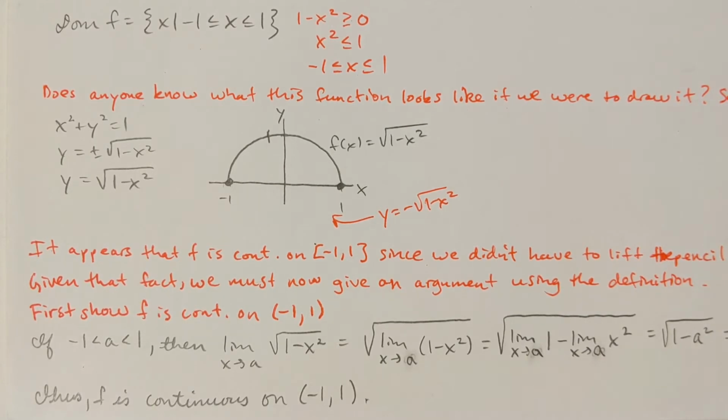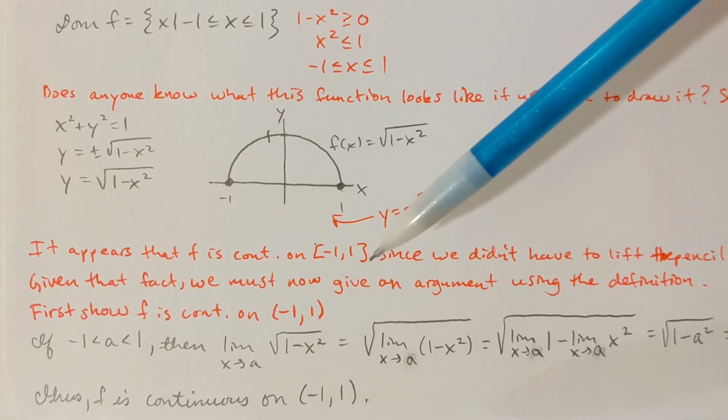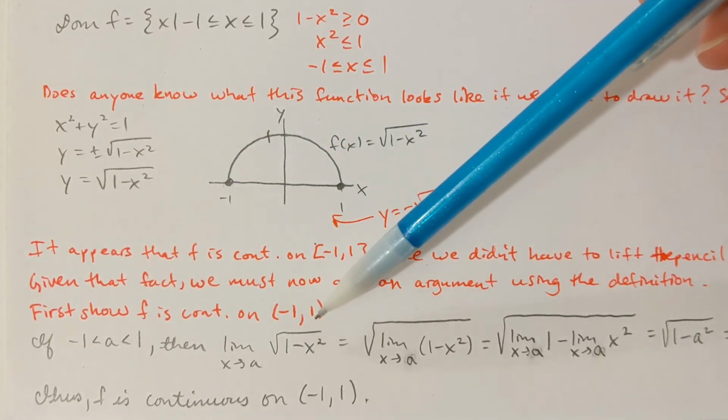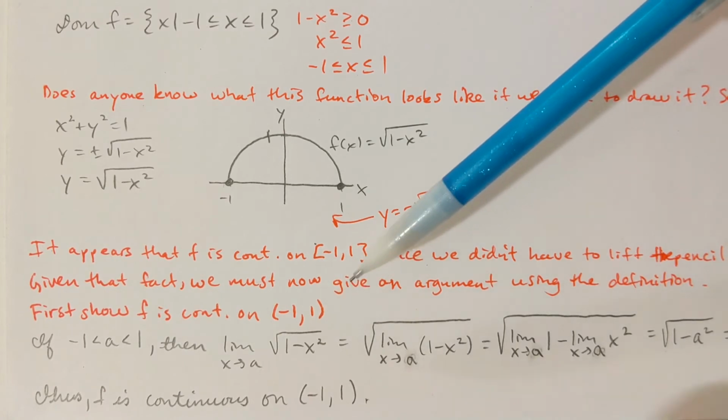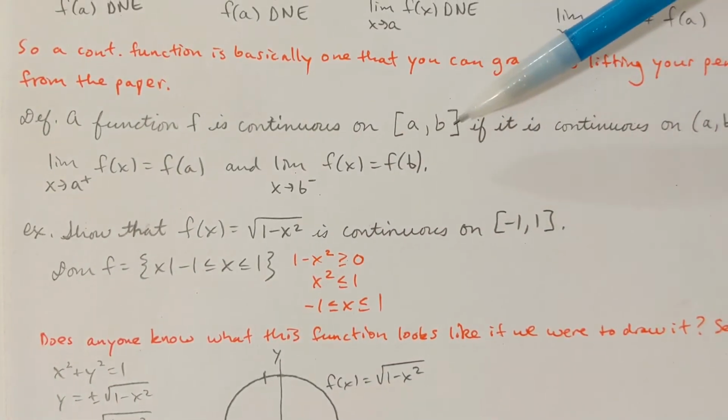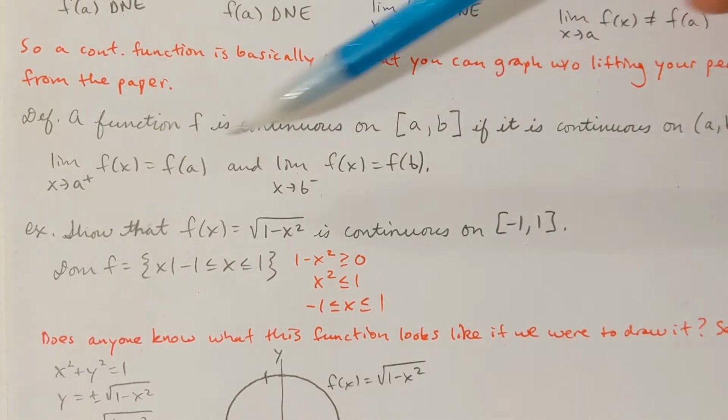Okay, so we'd want to give more of a mathematical reasoning behind this, and so that's what I'm going to do next. I'm going to first show that f is continuous on the open interval -1 to 1, and then we'll show that it's continuous on the closed interval -1 to 1 by closing up the endpoints there.